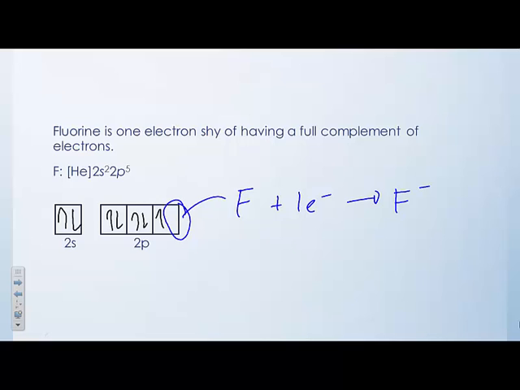And fluoride then has a 1- charge because this extra electron that would be readily accepted into that orbital is a surplus electron. In other words, it wasn't there previously. So now fluorine will find itself with 9 protons and 10 electrons, if we count the 2 that are in the helium configuration and the 8 in the filled n equals 2 energy shell.